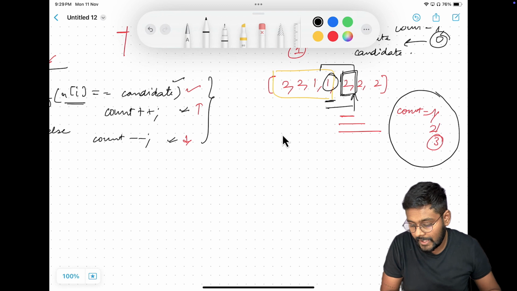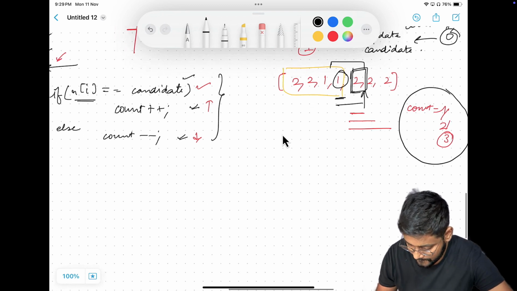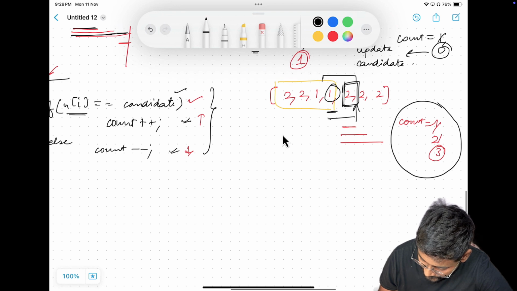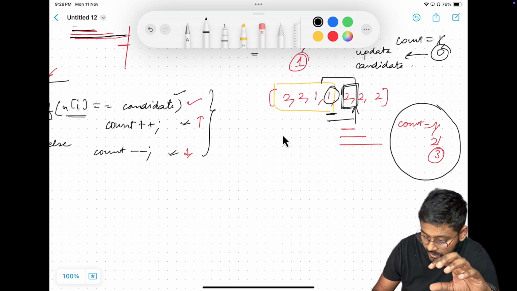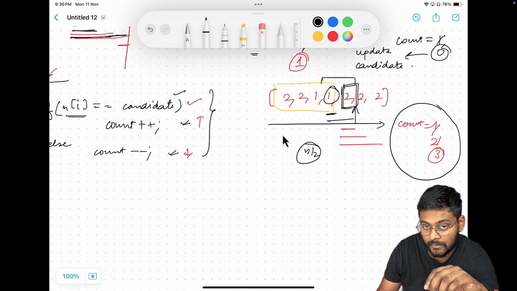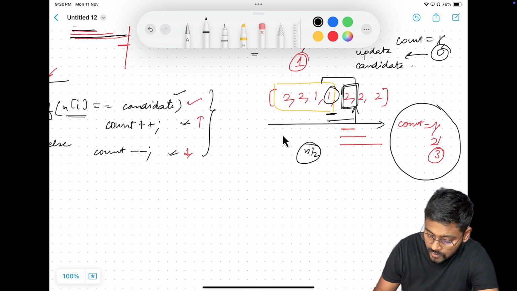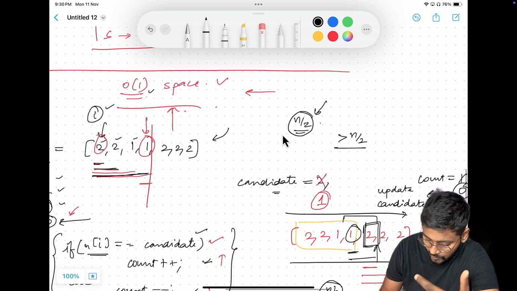It means there might be the possibility that this element is the majority element. And how do we make sure that it is a majority element? Just iterate over the array again and see whether the count of this element is greater than n by 2 or not. Okay, so this was the approach which the Boyer-Moore voting algorithm told us.